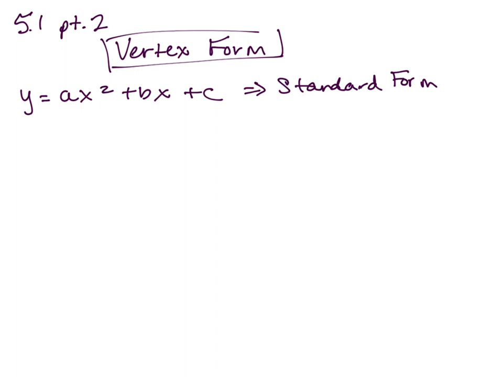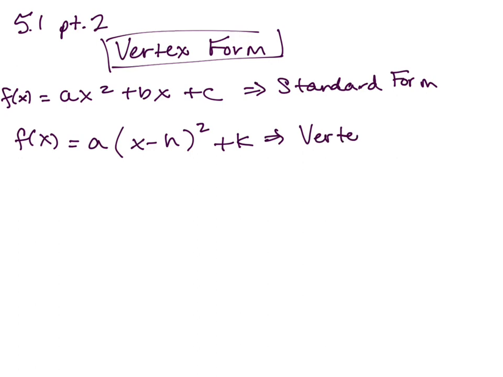However, there is another one called vertex form, and it says f of x, and I probably should have used f of x up here as well, because we're used to function notation. So f of x equals a times (x minus h) squared plus k. y equals a times (x minus h) squared plus k. And this particular form is called vertex form.